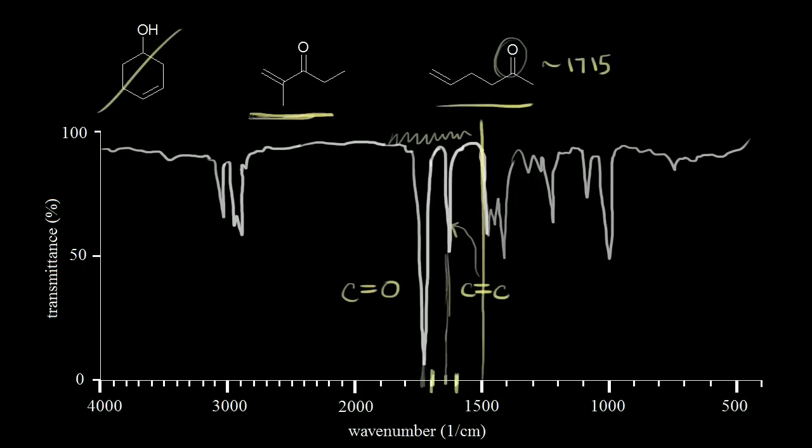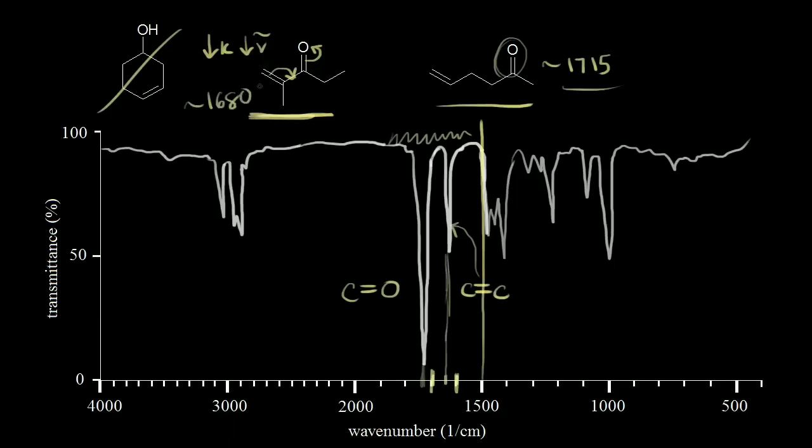This ketone over here, this conjugated ketone, we have resonance, and we know what resonance does to the carbonyl. It decreases the strength of the carbonyl, and therefore it decreases the force constant K. That decreases the frequency of vibration, and we would expect this carbonyl signal to have a lower wave number than 1715. Actually, it moves it under 1700 to somewhere around 1680 is where we would expect it to be.